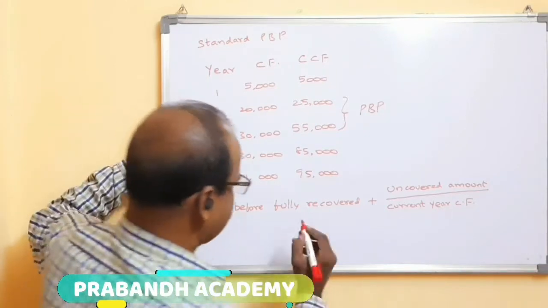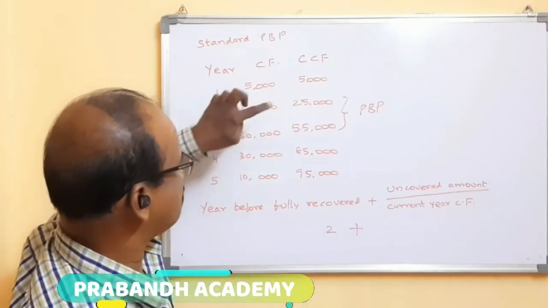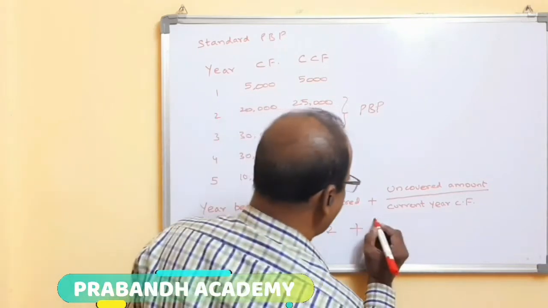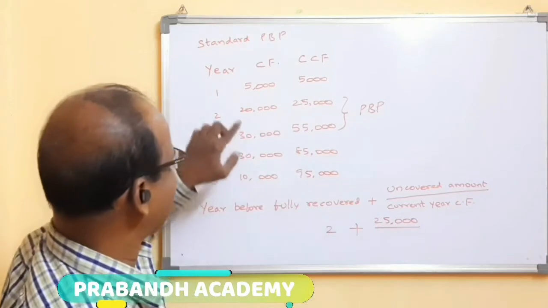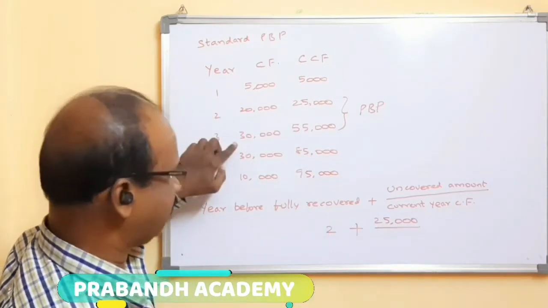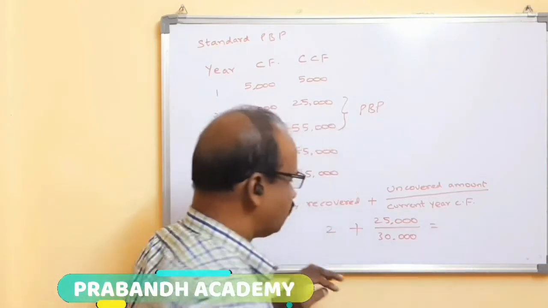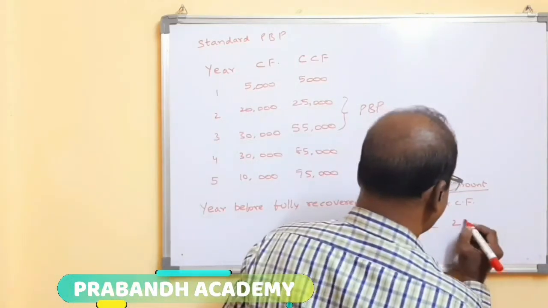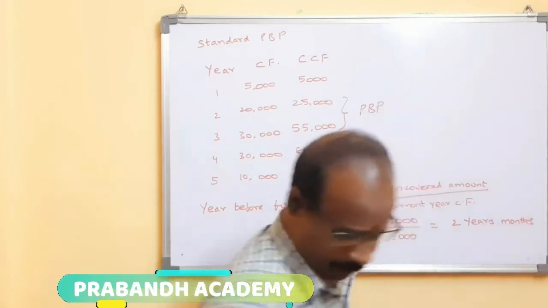Before means second year, 2, plus uncovered amount. The difference between 25,000 and 50,000 is 25,000, divided by the third year cash flow of 30,000. If we simplify this one, we get 2 years, 10 months. So this is the standard payback period.